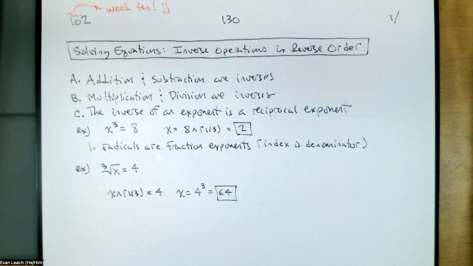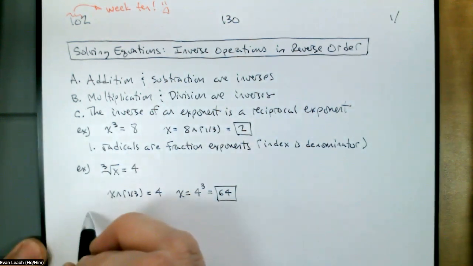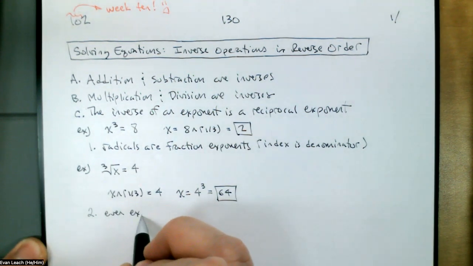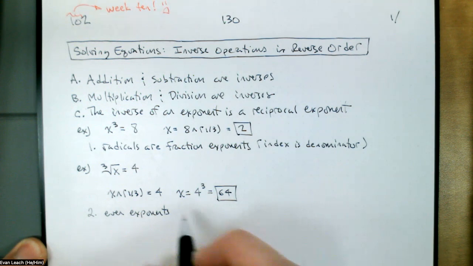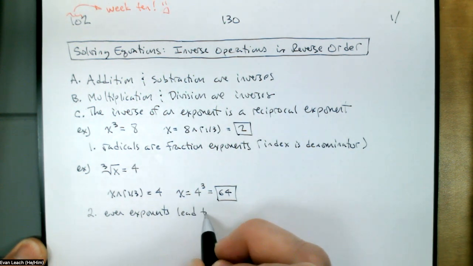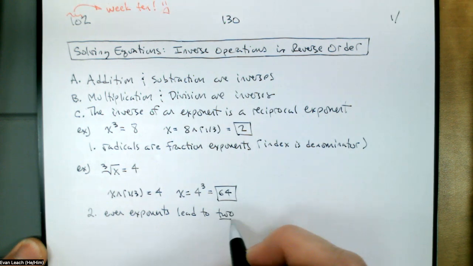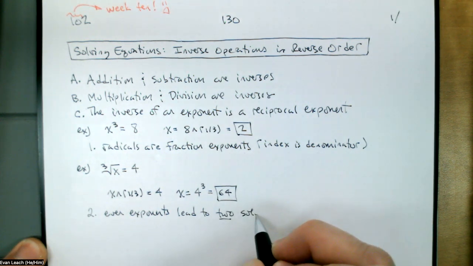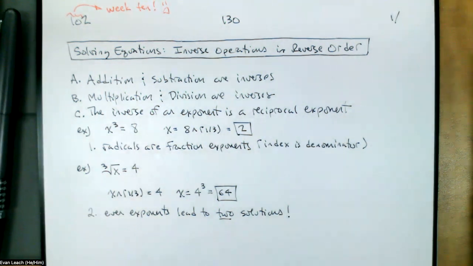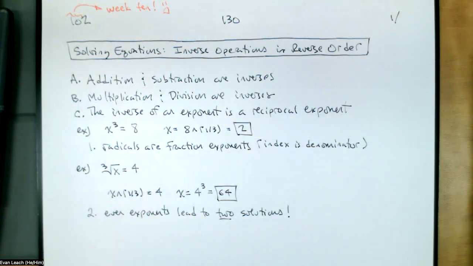Variation number 2, even exponents don't respect negatives. Even exponents lead to 2 solutions.